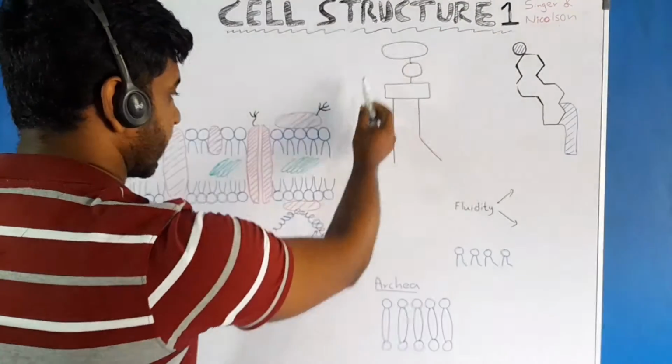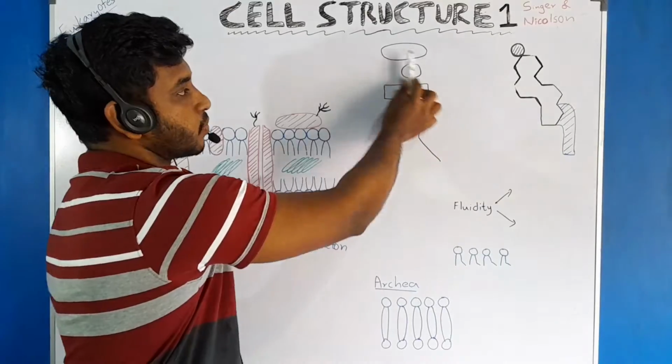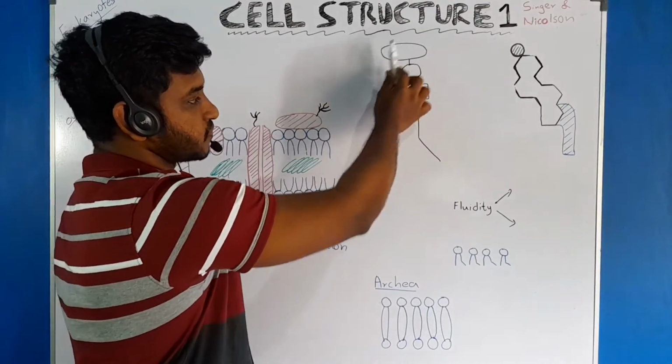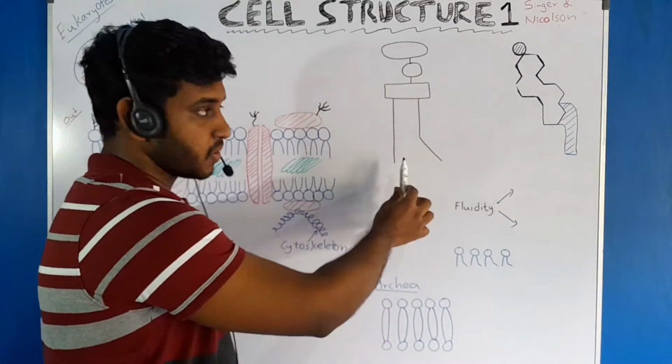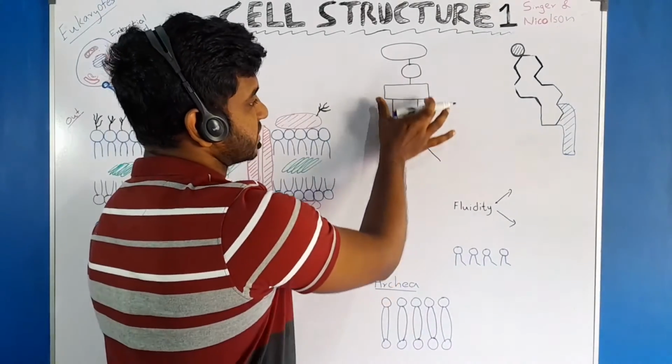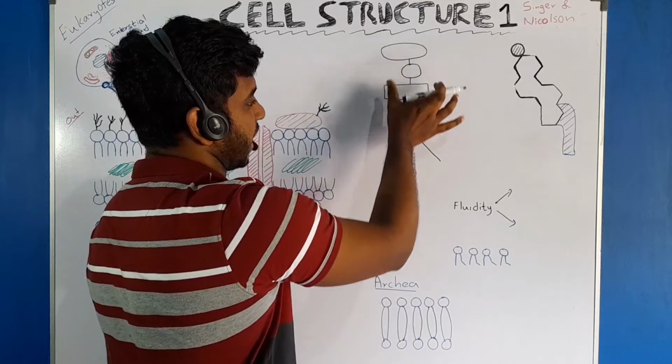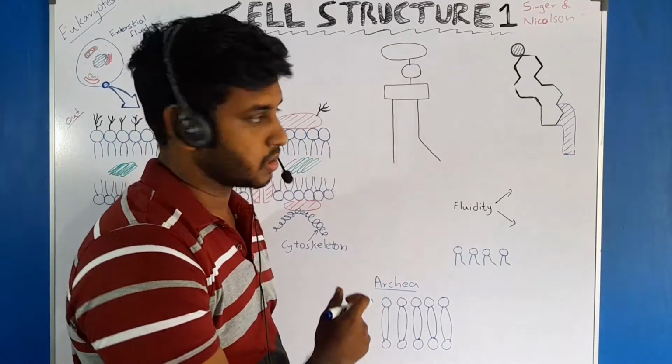Now, this is a simplified version of the phospholipid molecular structure. Here you can see a phospholipid molecule has various components.